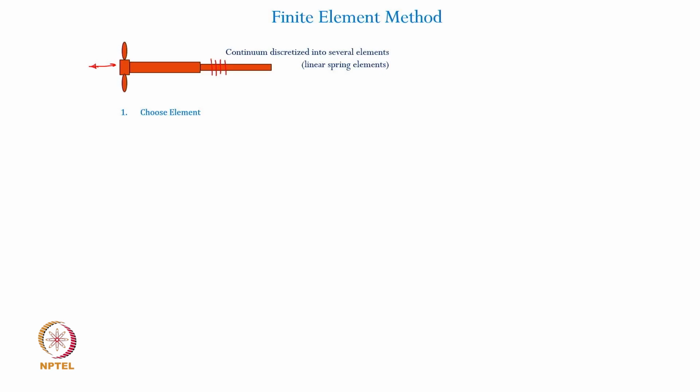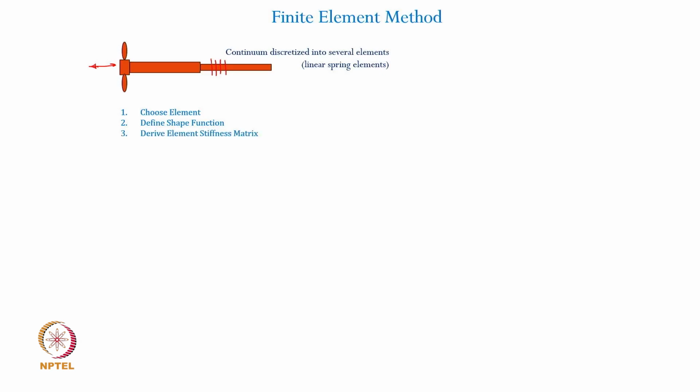The various steps which are typically followed: first, you choose the type of element that you will use in modeling this system as an assemblage of several elements. Each element has to be properly defined, and then we define a shape function or an interpolation function. We will discuss what this function is all about, but that is step number 2.